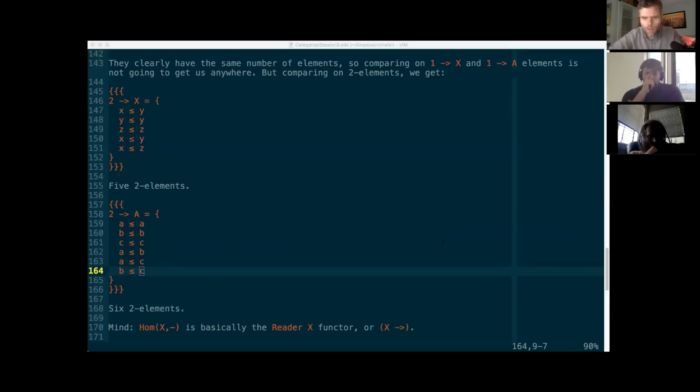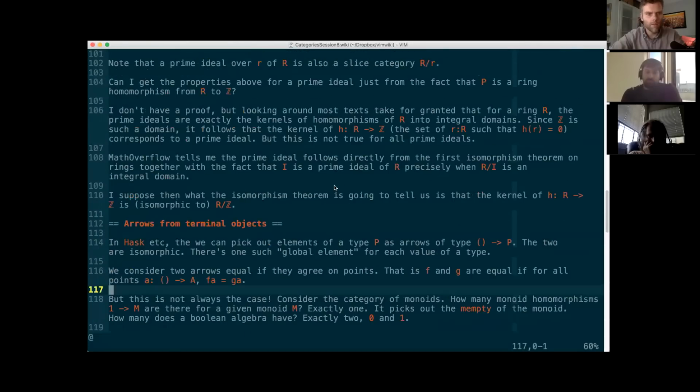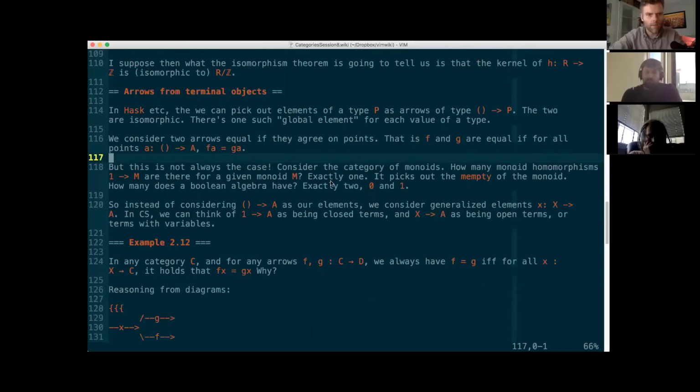Oh, yes. So the arrows from the terminal monoid are entirely uninformative in the category of monoids. But those from the free monoid on one generator suffice to distinguish homomorphisms. So we saw that when he was asking, consider the category of monoids, how many monoid homomorphisms from the terminal monoid to M are there for a given monoid?